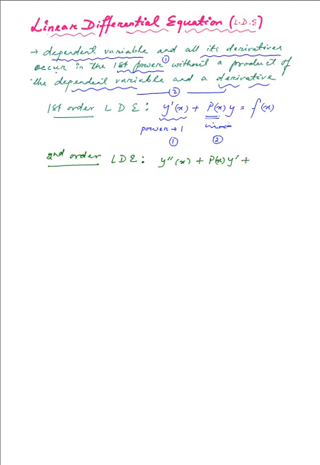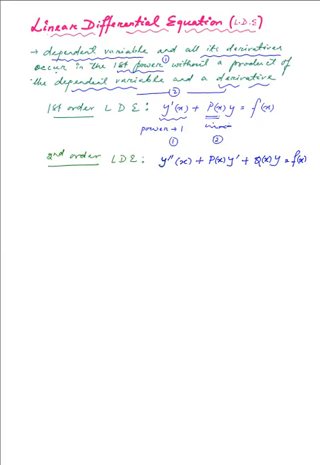And then remember the product of the dependent variable, that is y, with no derivative term, simply q of x, and that is equal to some function of x on the right hand side. So this is the second order that we considered.